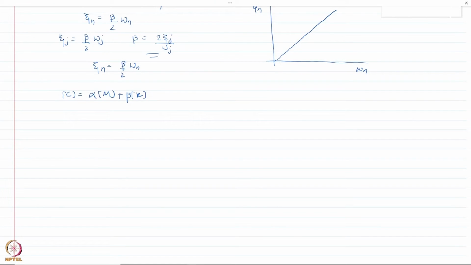So in this case the damping matrix is written as a linear combination of the mass and the stiffness matrix, and again because mass is a symmetric matrix and the stiffness is a symmetric matrix for typical structures, C can also be diagonalized here, and it can be written as Cn equals alpha mn plus beta kn.